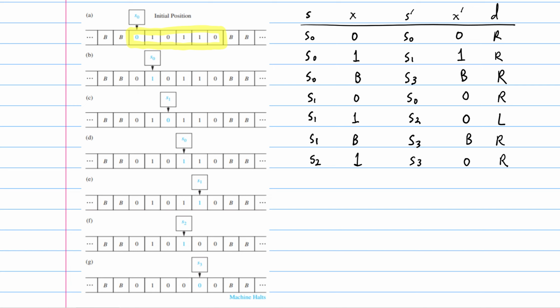This is really the idea of the example. Sorry, I missed that. We're going to plug in the string 0, 1, 0, 1, 1, 0 to the machine, right? Plug this string into the machine T. And so this is our example here.